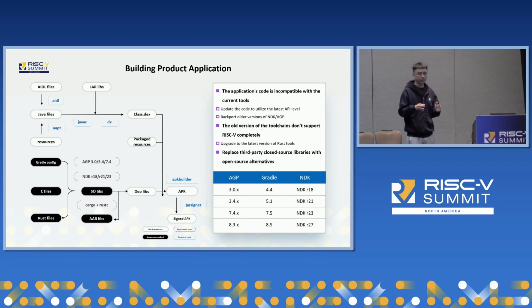That means Android is not only a Java-based ecosystem; it needs a lot from native libraries, and you need to map your Gradle configuration system version to the Android Gradle plugin version and the NDK version.